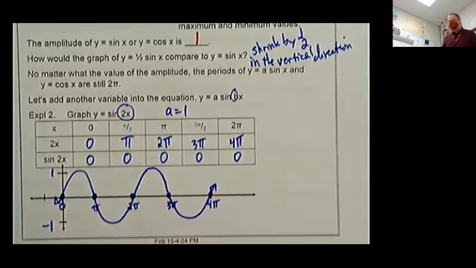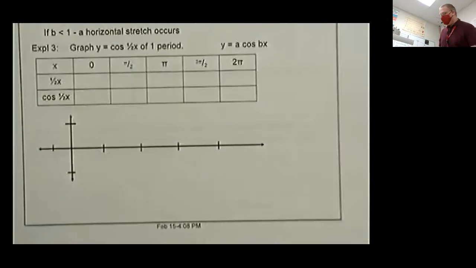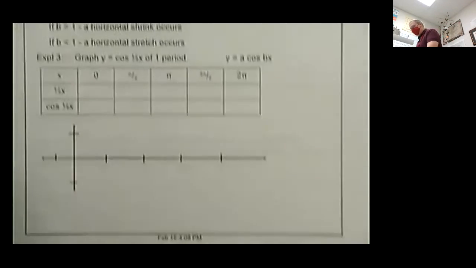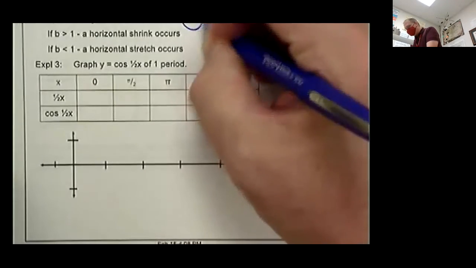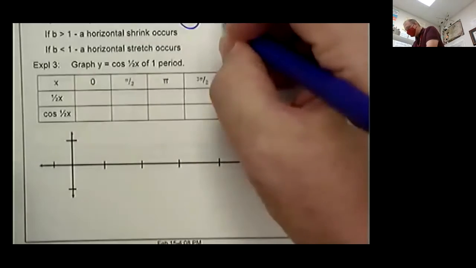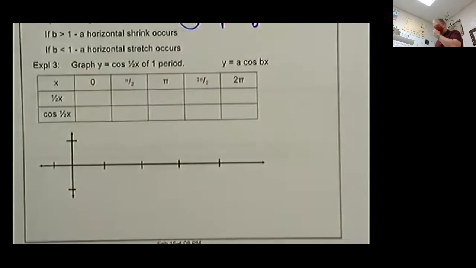2 times. Therefore, we're going to define the period length of sine and cosine then as 2 pi over b. So we're going to say P is equal to 2 pi over b. B is the number in front of the angle.